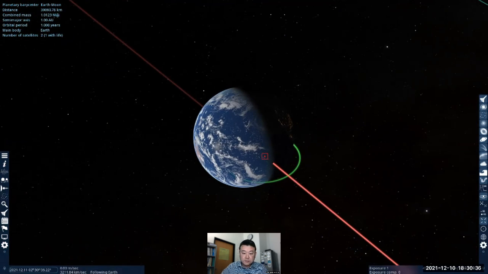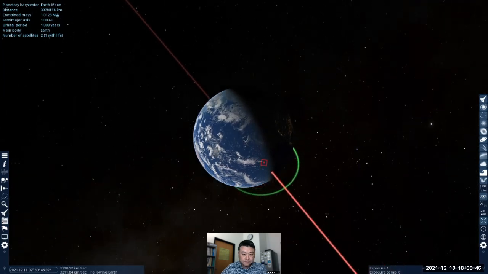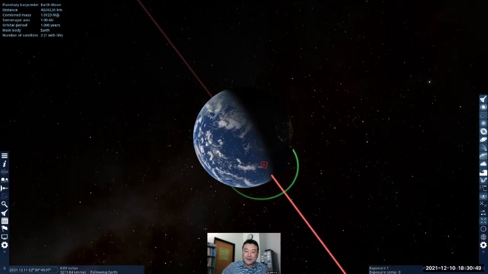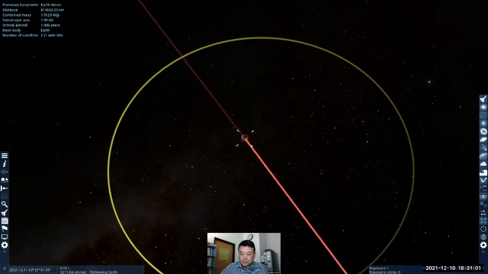It's offset quite a bit, and Earth is orbiting around this point. That's what this green orbit is showing. So that's what Feynman was talking about. Just as the Moon is falling towards this center of mass, Earth is also falling towards this point. So that's the Earth-Moon orbital mechanics.